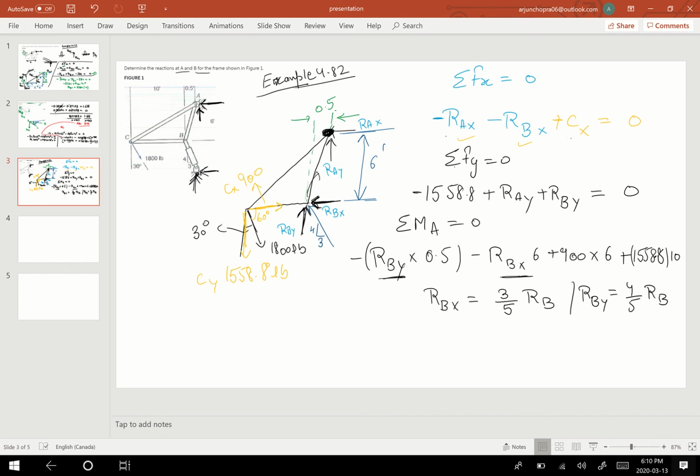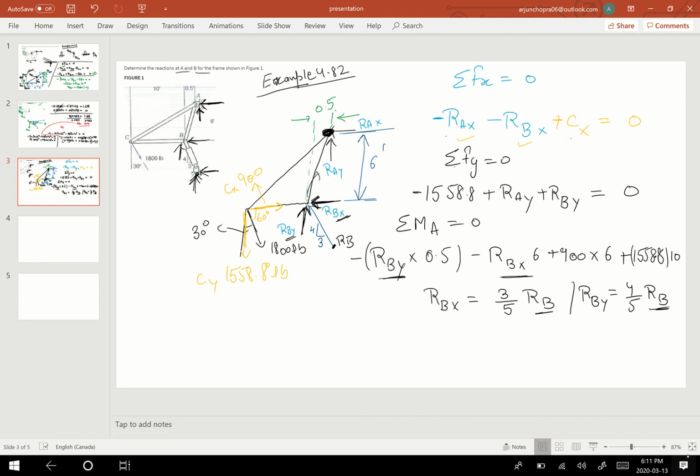So I figured out the relation of RBx and RBy in terms of RB. I'm going to place these values, because this is RB and I figured out RBy and RBx, which is why I've drawn them here. That's going to give me the RB value.